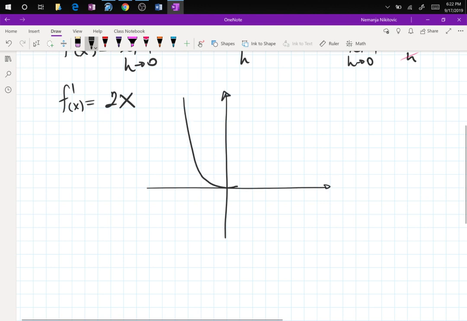So here's our x squared, that's a parabola. And here's our 2x, which is the derivative. So I'm going to label f prime of x, which is the red line, and f of x, which is the black line. So we have those two.